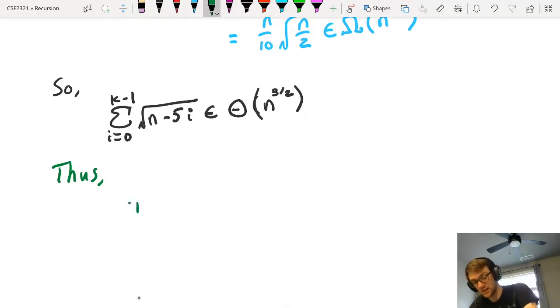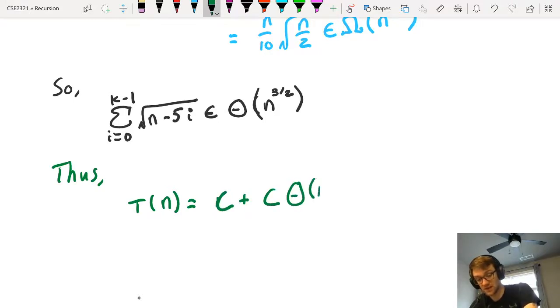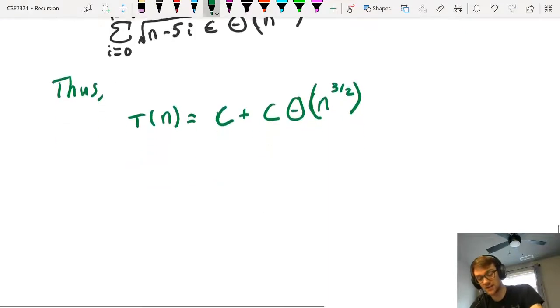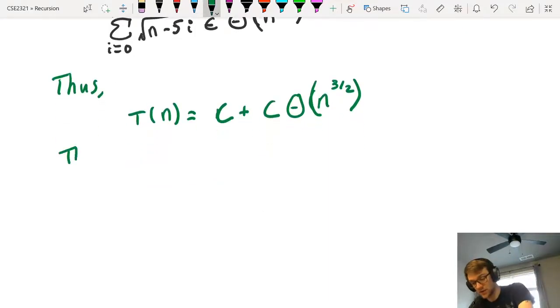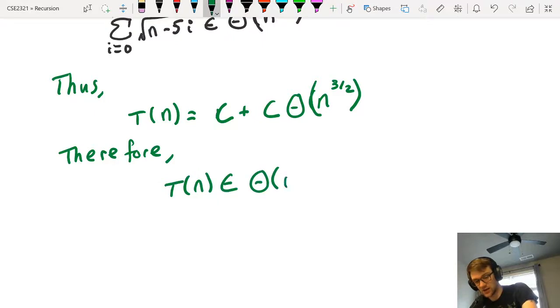We're going to have T of n is equal to c plus c times the summation, which we're now substituting in theta n to the 3 halves. At this point, maybe you go, that's clearly in theta of n to the 3 halves, so therefore T of n is in theta n to the 3 halves.